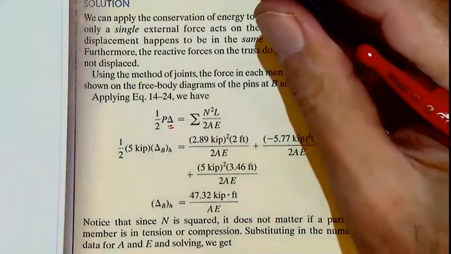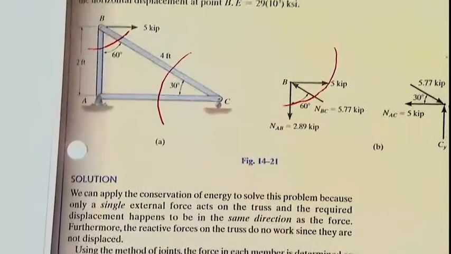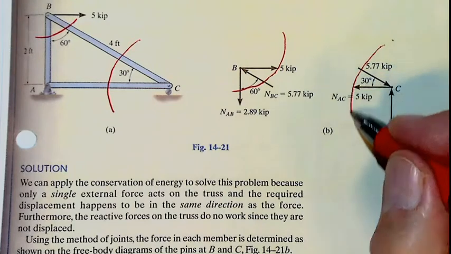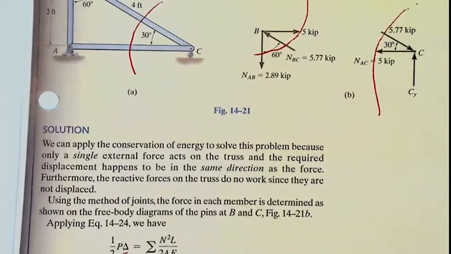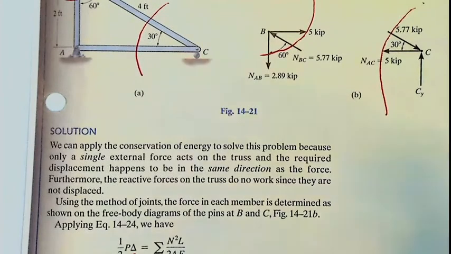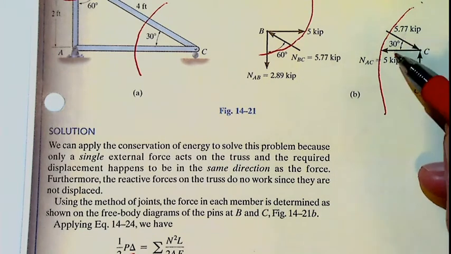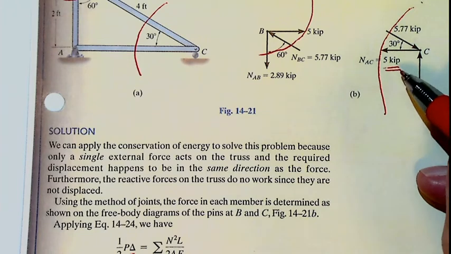Here we can also make a cut. Here we make a cut, and this cut gives this result. Okay? And the result is that once we know this 5.77, then we don't need to find reaction here, because we can project forces in horizontal direction and find that here there is 5 kips.